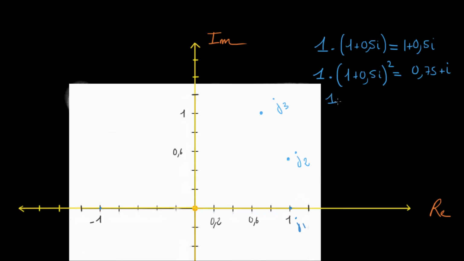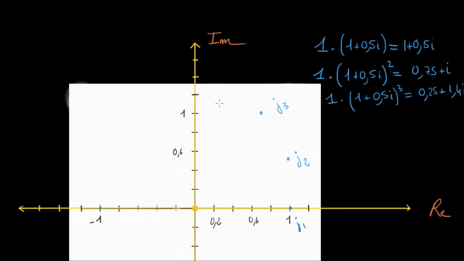Again, if we multiply it once more by 1 plus 0.5i, so we get (1 plus 0.5i) to the power of 3. So this will be equal to 0.25 plus 1.4i.